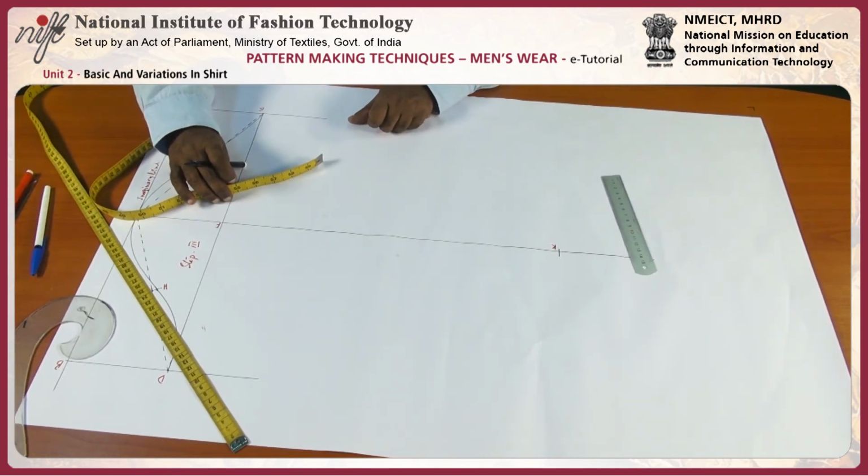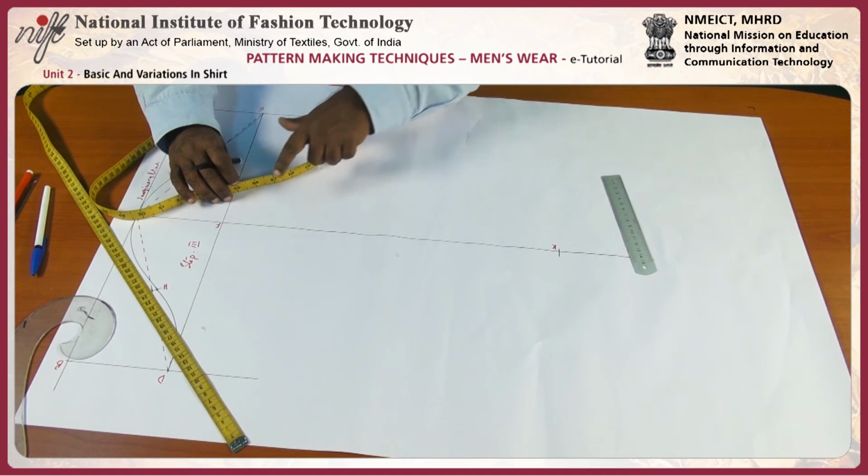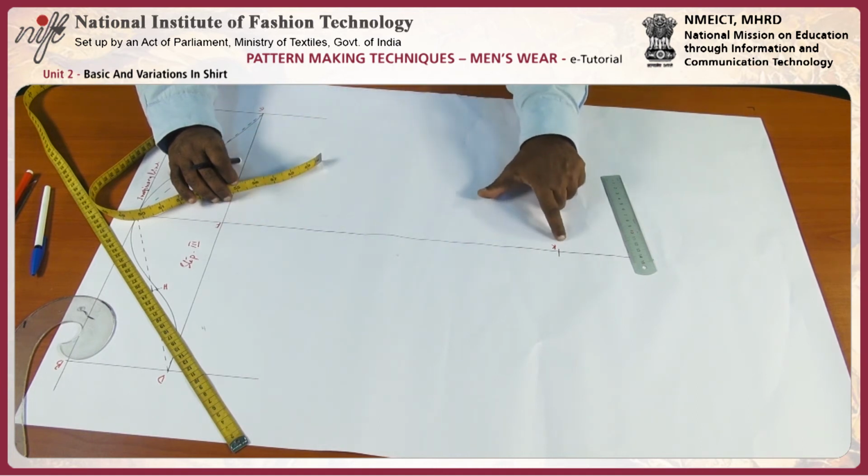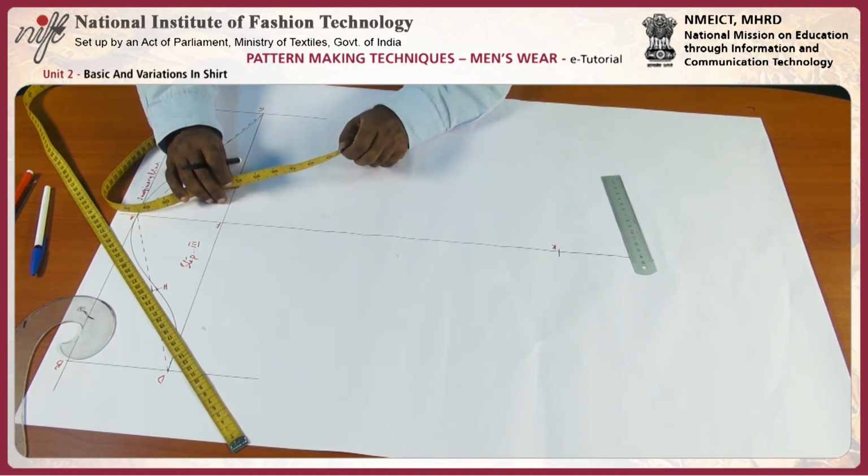Now, F to L is half of FK plus 1 centimeter.